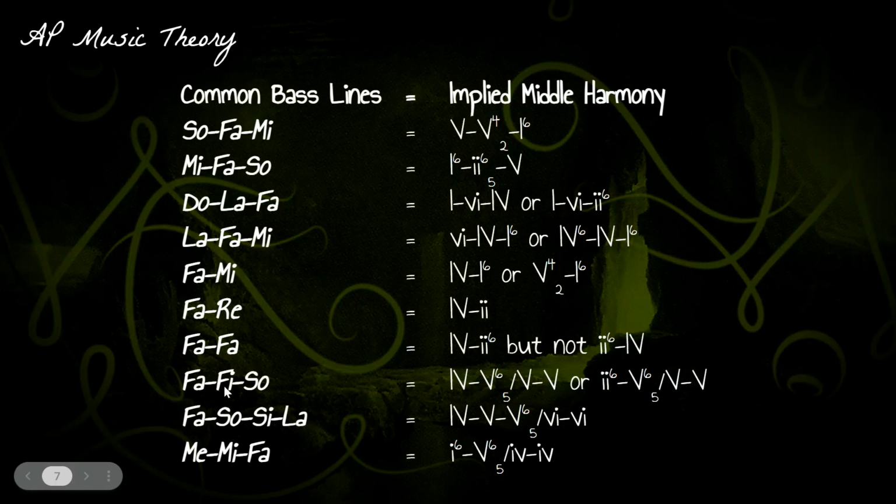We have fa, fi, so, which means that there is most likely a secondary dominant there. And we have fa, so, si, la, which also has the secondary dominant, but of the submediant. And here we have me, mi, fa, which is also a secondary dominant, but of the subdominant.